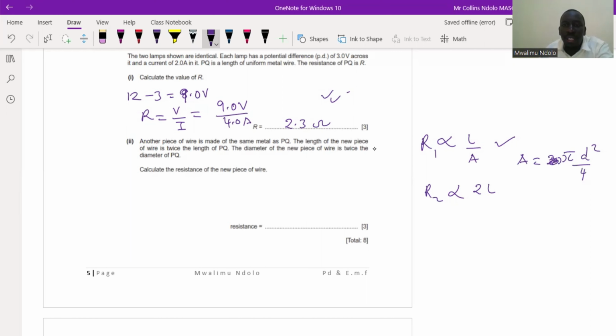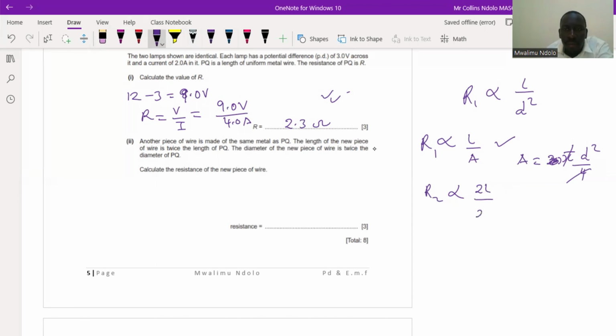So let me rewrite now. R1 is directly proportional, because pi and 4 are constants, to L and inversely proportional to D squared. Yeah, so that is the right one. So for R2, L is twice, so that is 2L, and then the diameter is also twice.